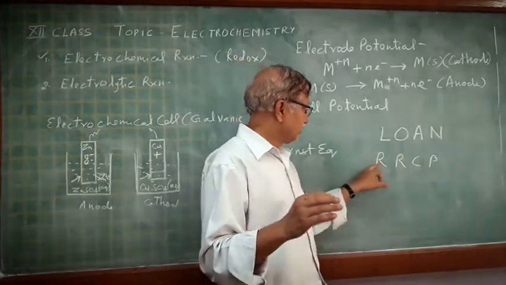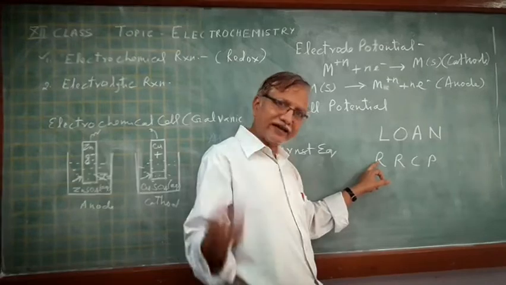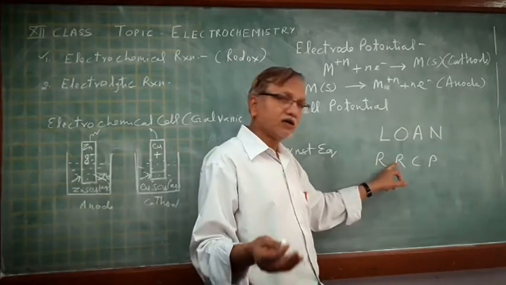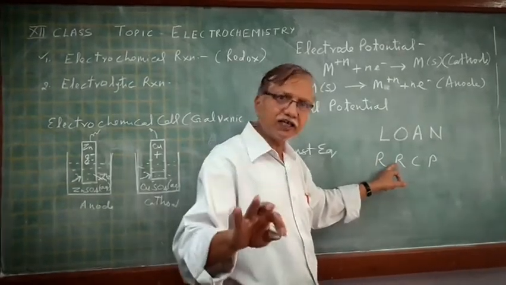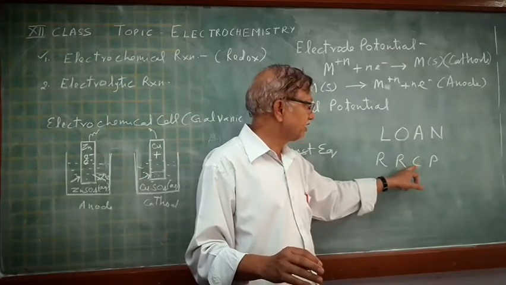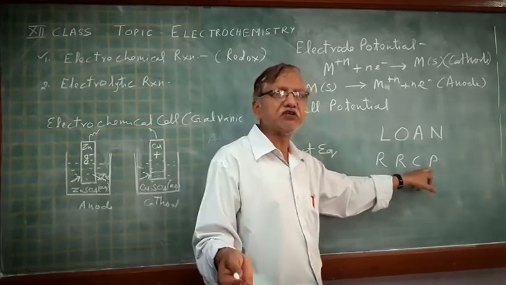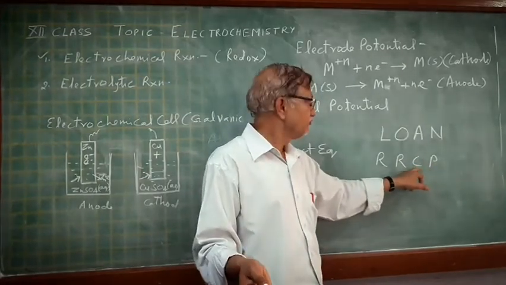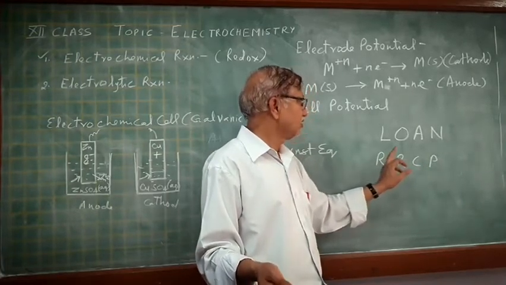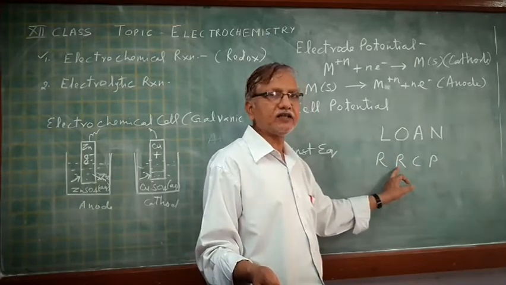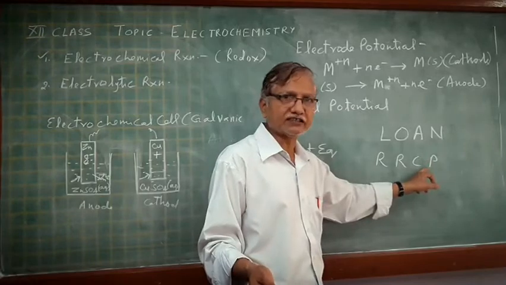First R means the electrode which is written on the right side. Second R, the electrode at which reduction takes place. C for cathode, P for positively charged. It means the cathode is written on the right side, on the cathode reduction takes place and it is positively charged.